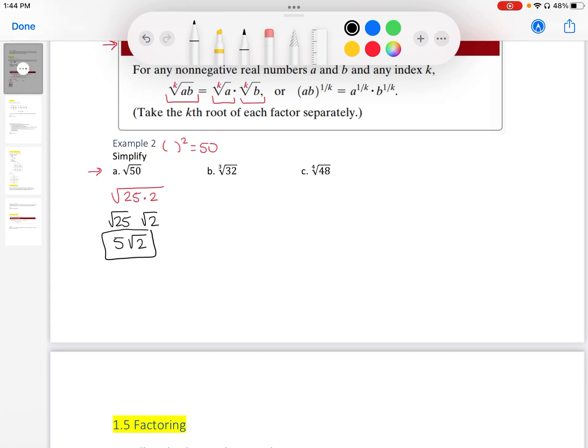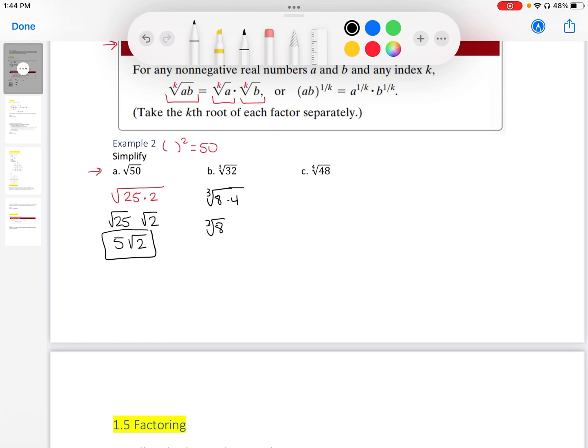So for example B, we're asked for the cube root of 32, and I can't directly apply the cube root to 32, but there is a factor that would work. I'm sorry, not 16, 8 times 4. 8 times 4 is 32.